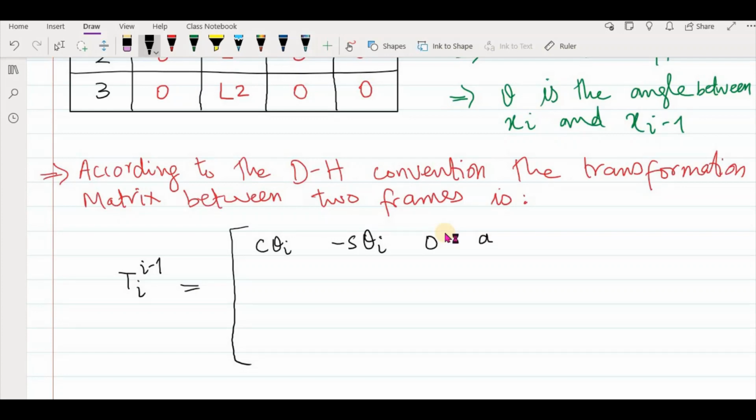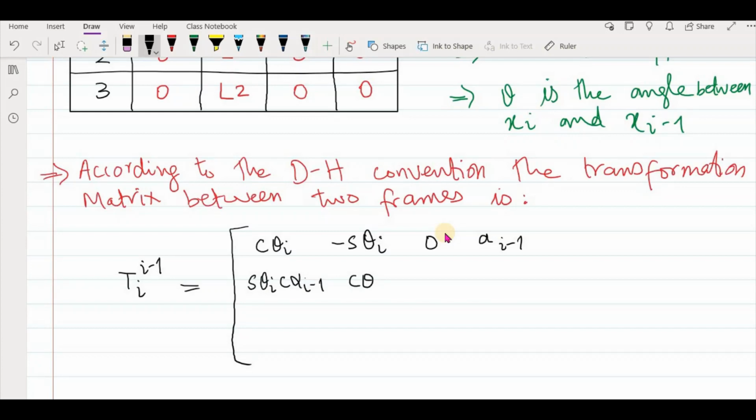and then we have sine theta i, cosine alpha i minus 1, and again we have the cosine theta.